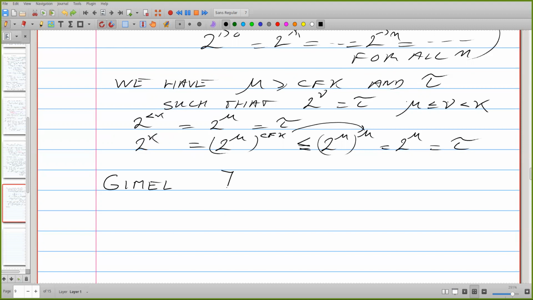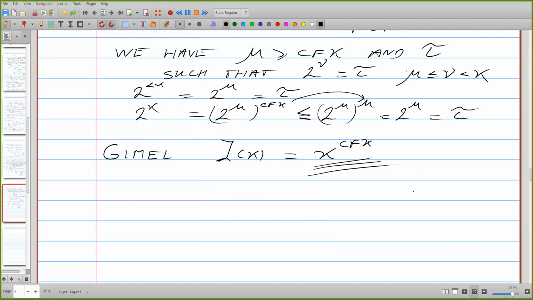And I hope I can draw it correctly. Kappa to the cofinality kappa, this one is going to be quite important when we try to compute the continuum function and when we try to compute exponentiation.